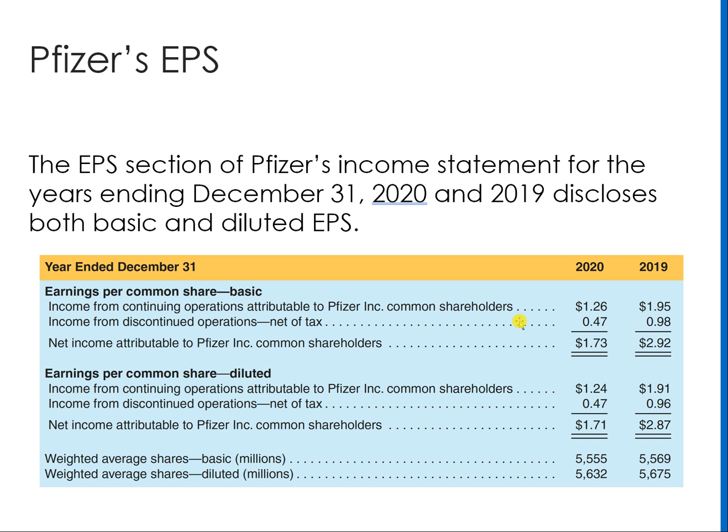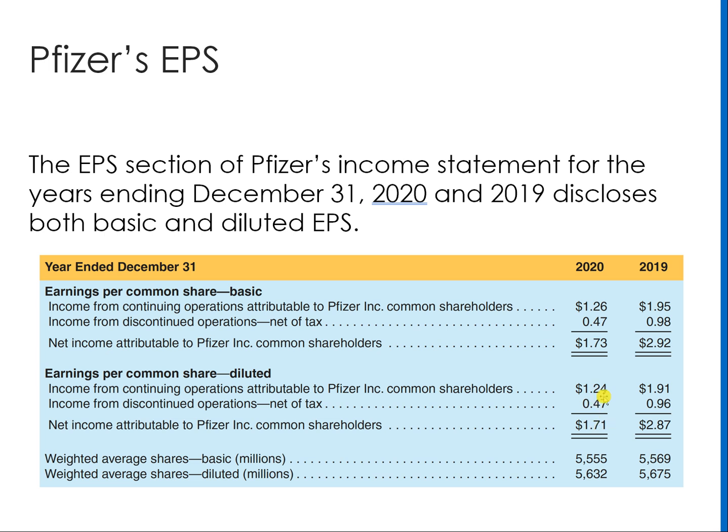This is an example of Pfizer's earnings per share reporting at the end of the income statement. You have basic earnings per share, from continuing and discontinued operations, and the total earnings per share. Because the company has a complex capital structure, it also reports diluted earnings per share.